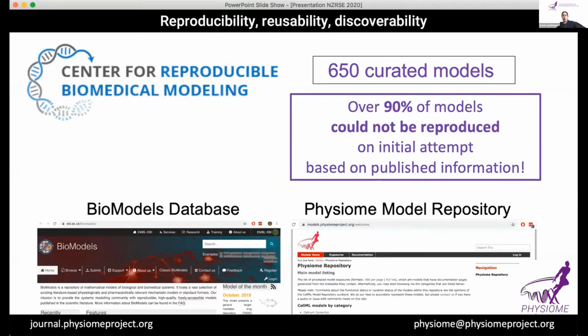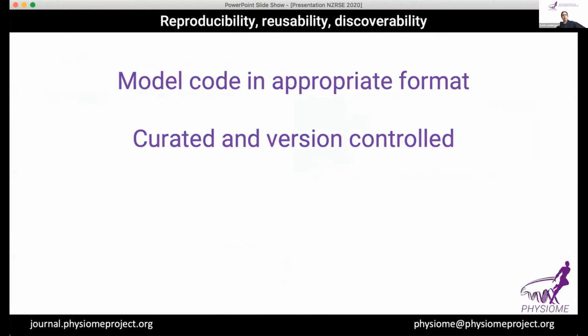And some of these models even couldn't be reproduced by the group that published them in the first place. So even if people try to make the code available, that doesn't mean that these models are reproducible. And this is what Physiome is trying to fix.